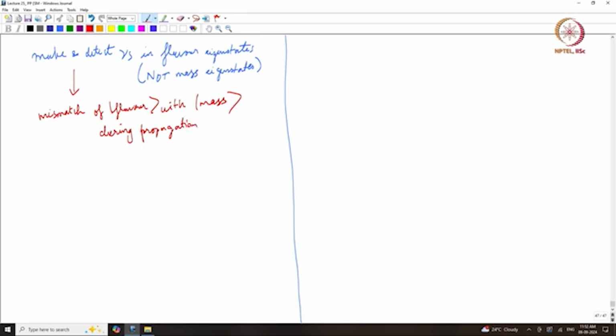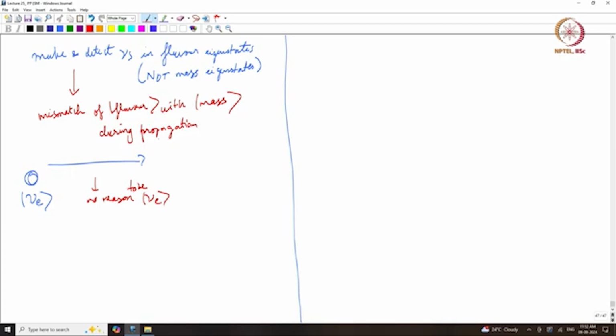Okay. So, what does this mean? Suppose I make a neutrino here, let's call it a nu e, and then I let it go, during the propagation there is no reason that at the time of propagation it is still an electron neutrino. Okay, there will be a mismatch.